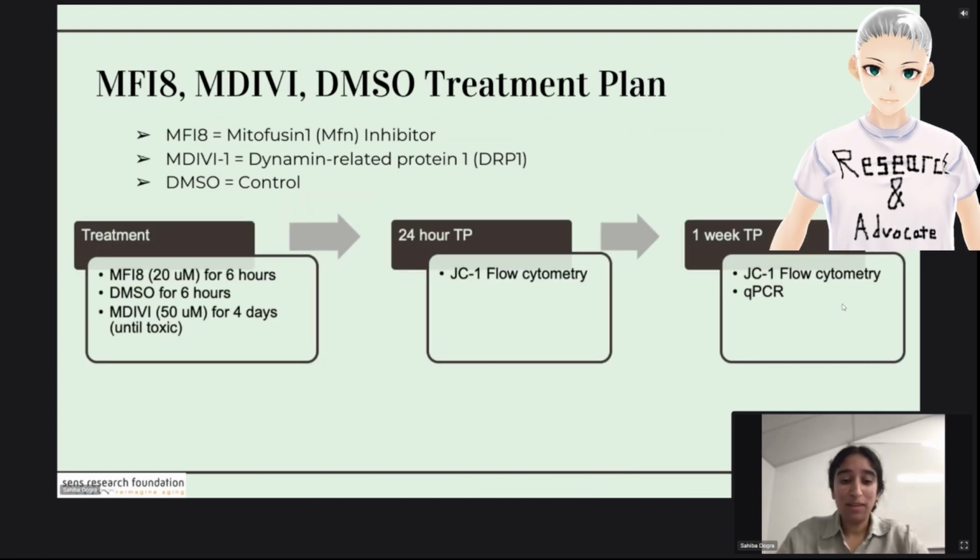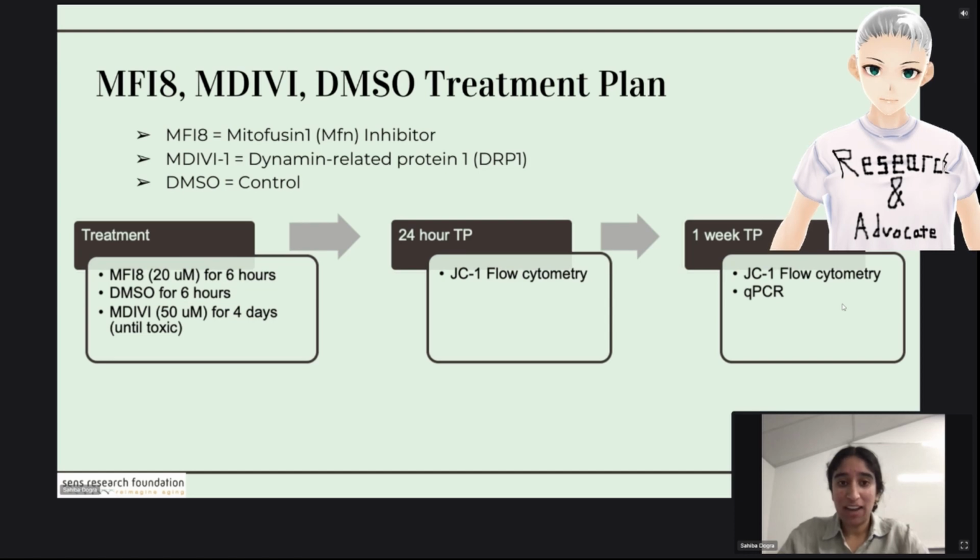And so we obtained a fusion inhibitor called MFI8 to test its ability to induce mitophagy when expressed with ATPIF1. We also obtained a fission inhibitor called MDV1, or dynamin-related protein 1, to observe that the effects that we're seeing are related to fusion and fission only and not any other process.